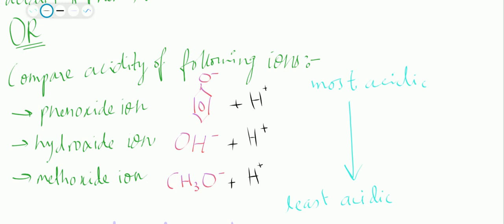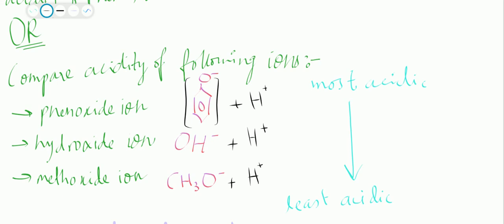In the phenoxide ion, the negative charge which is present is not only present on oxygen, but it covers the whole of the ring. Okay, so it's kind of integrated within the pi system of the ring. So this negative charge is actually covering this whole area, right?